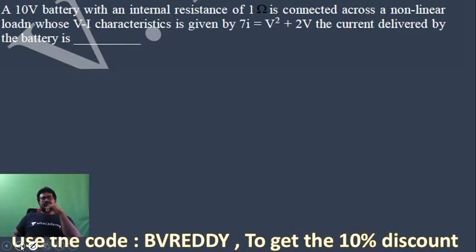See this thing here. A 10 volts battery with an internal resistance of 1 ohm is connected across a non-linear load whose VI characteristics is given as this much. They are asking to find the current delivered by the battery.